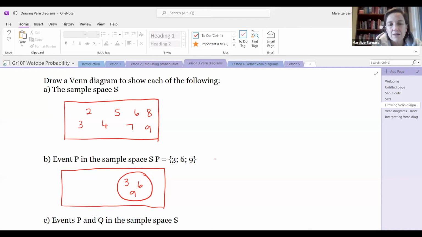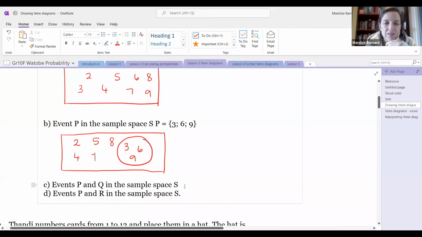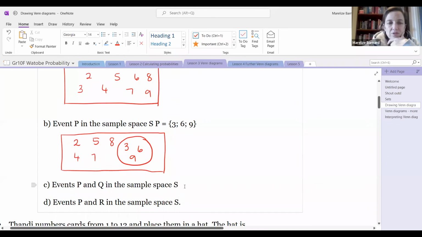So 3, 6, and 9 are in that little grouping together. But everything else is still in the sample space, so we still have to include it: the 2, the 5, the 8, the 4, and the 7. That's 7 numbers outside. Yeah, that's it.